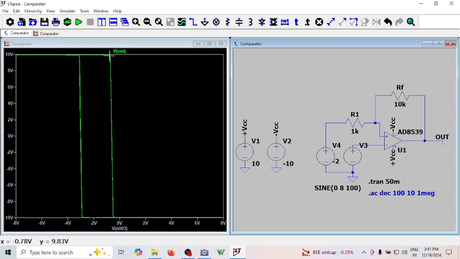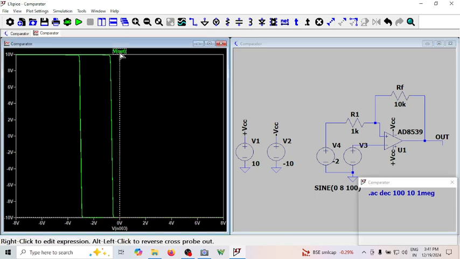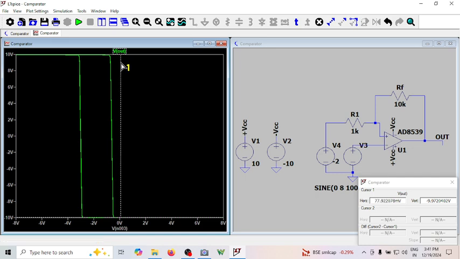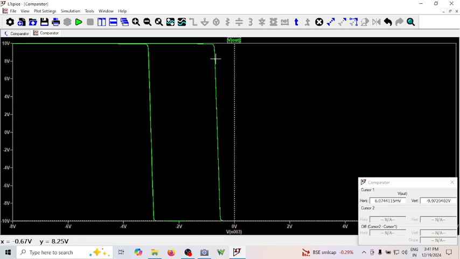So what is VTH? VTH is the input voltage at which that transition happens. Let me measure it here. How do I measure VTH?